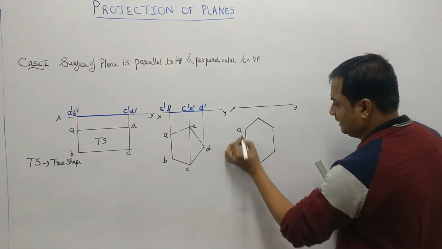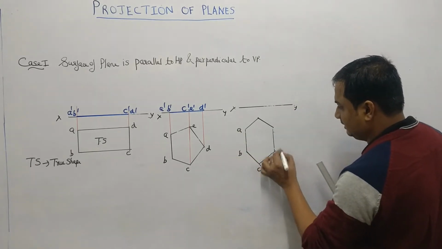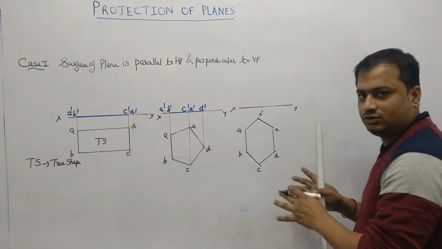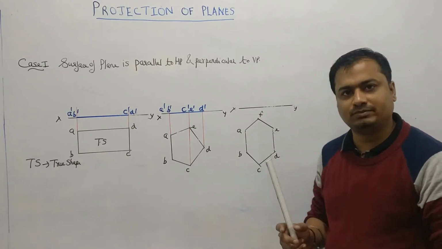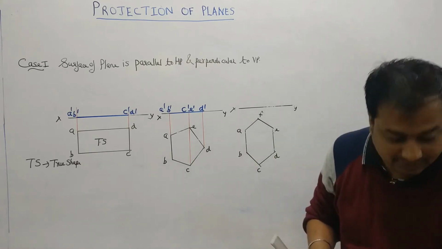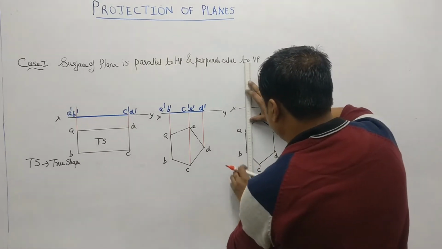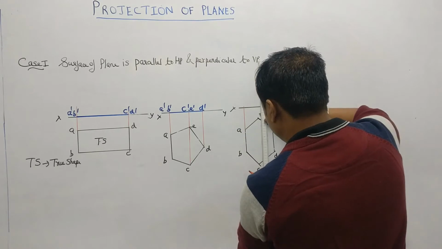So the projection is made like this. Suppose this is A, this is B, this is C, D, E and this is F. This is not a regular hexagon which I have drawn, this is wrong, but you have to use proper instrument and proper angle, then you will get the regular hexagon. And the front view will be a line. So these are my projectors. These should be light.